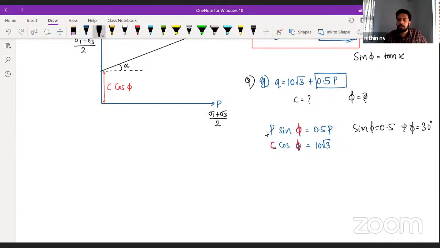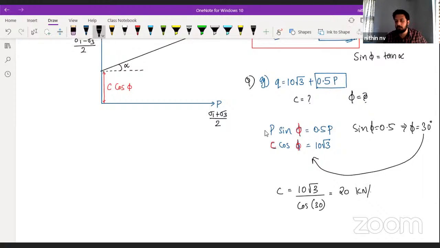Very simple. Now that phi we can substitute here. C will be equal to 10 root 3 divided by cos 30. How much will be C? 20, yes. Cos 30 is root 3 by 2, root 3 will get cancelled. So 20 kilonewton per meter square. That's it. As simple as that.